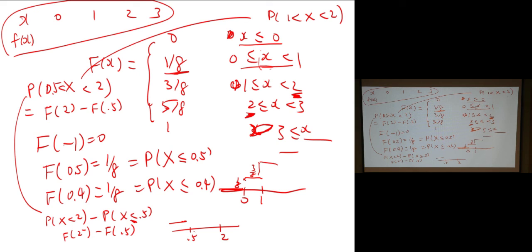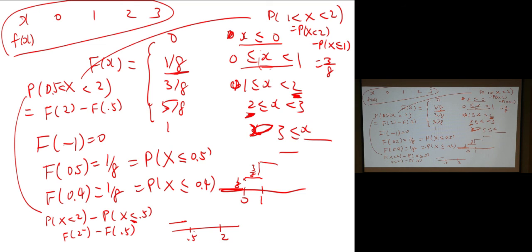what is this probability? Okay, so follow what we just mentioned. So it's equal to probability of x less than 2 minus probability of x less or equal to 1. Right? So what is probability of x less or equal to 2? 3x, right?